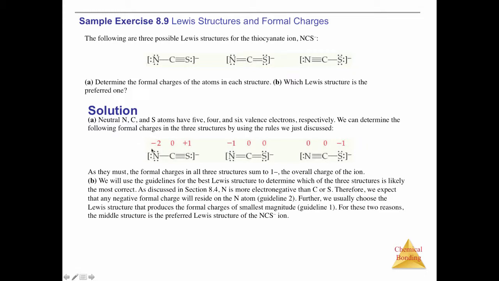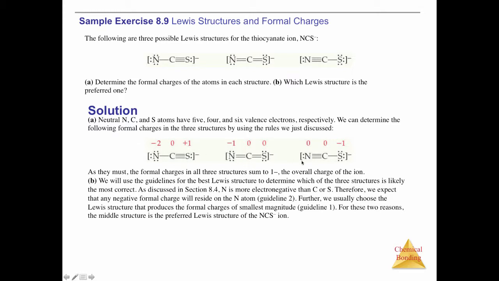So for nitrogen, we would have 5 minus 2, 4, 6, 7, which is a -2. For carbon, we have 4 minus 1, 2, 3, 4, which is a 0 formal charge. And for sulfur, we would have 6 minus 1, 2, 3, 4, 5, which is a plus 1 formal charge.